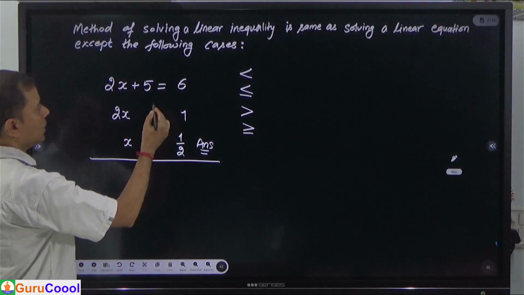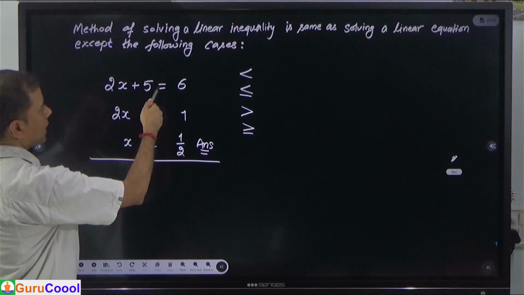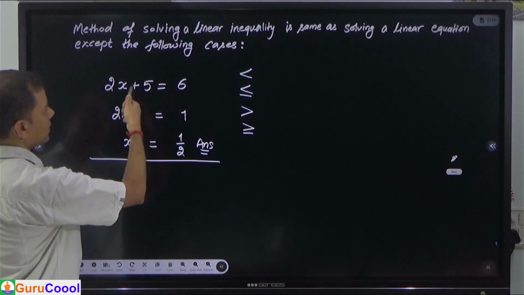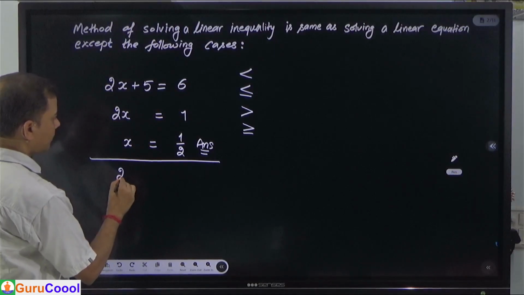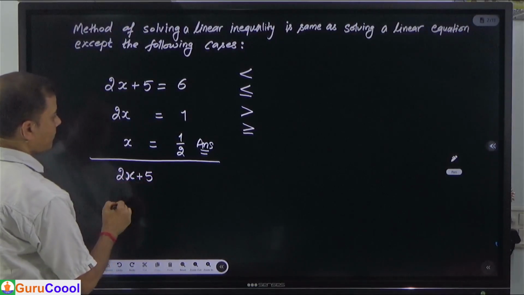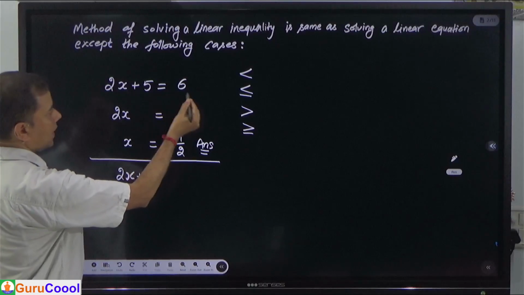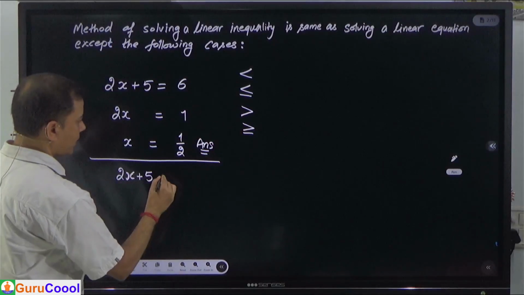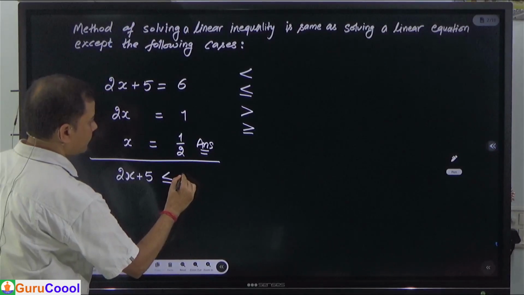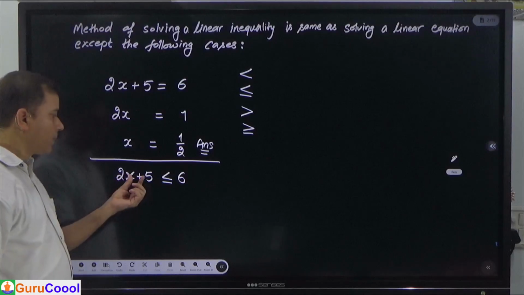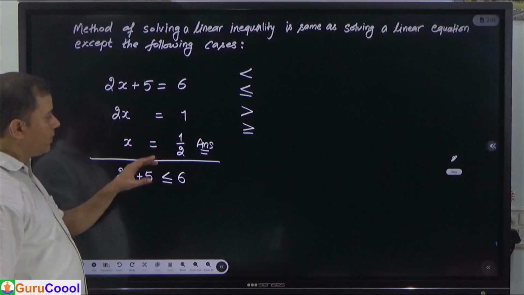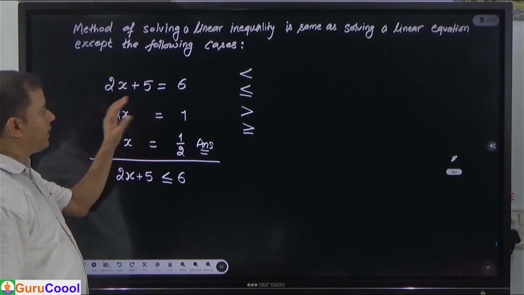Now I'm going to place an inequality sign in this place. I will remove the equal sign. Everything else will be copied. 2x plus 5, and in this place I am choosing randomly one of them. Let's say the second one. So 2x plus 5 lesser than or equal to 6. We will do exactly the same thing that we did here.